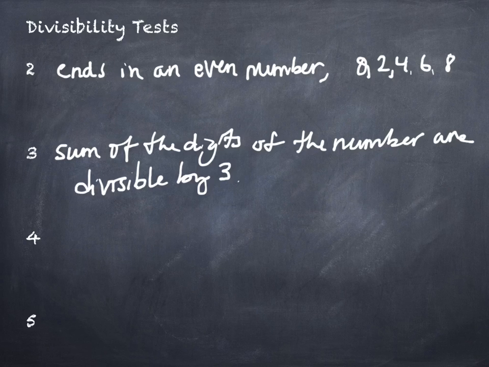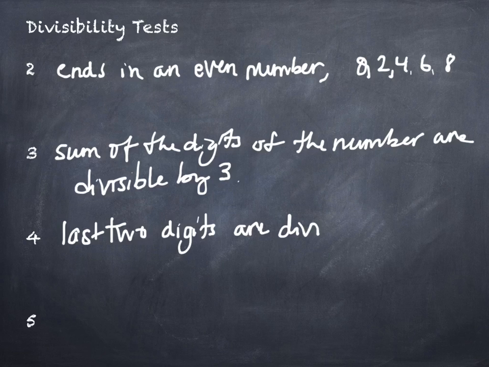A number is divisible by 4 if the last 2 digits are divisible by 4. And I don't mean individually, but as a number themselves. So if the last 2 digits are 2, 4, then we would consider the number 24. And if 24 is divisible by 4, then the original number would have been divisible by 4.